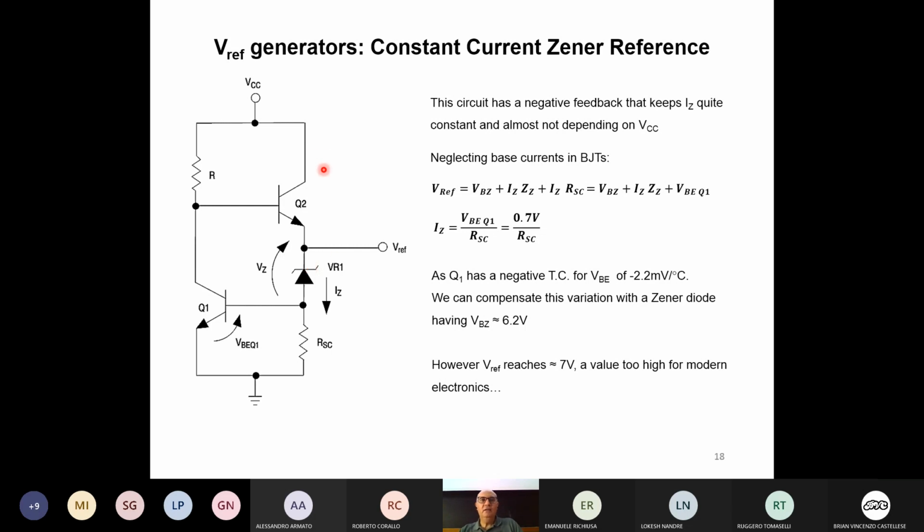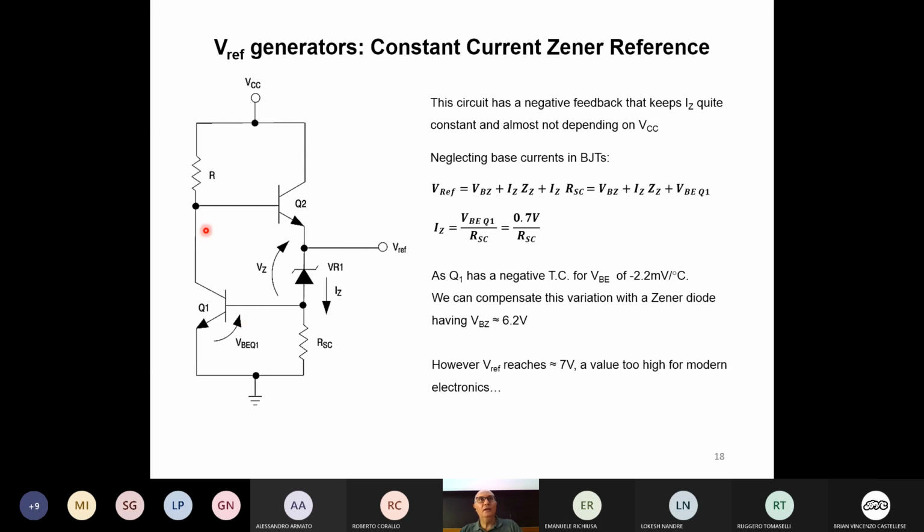So I expect that the current through transistor Q2 will increase, but the current through transistor Q2, if there is no output current from VREF, is the same as IZ. So if the current through transistor Q2 increases, the IZ will increase, but also the voltage across RSC will increase. If this voltage increases, we are increasing the base emitter voltage of transistor Q1.